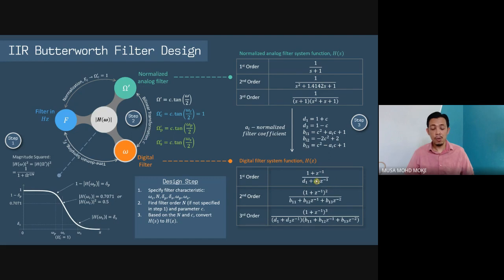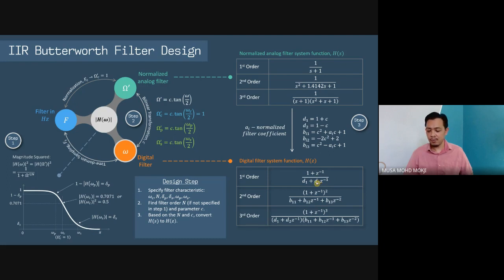Okay, so we already know that. And all this table is actually a standard table. You don't need to memorize all these things. We just need to know, okay, if the order is 1, then we need to get this one. So this is our filter. This is our IIR filter that we need.